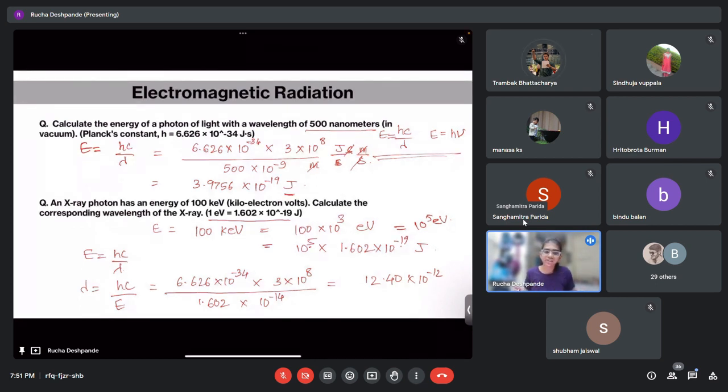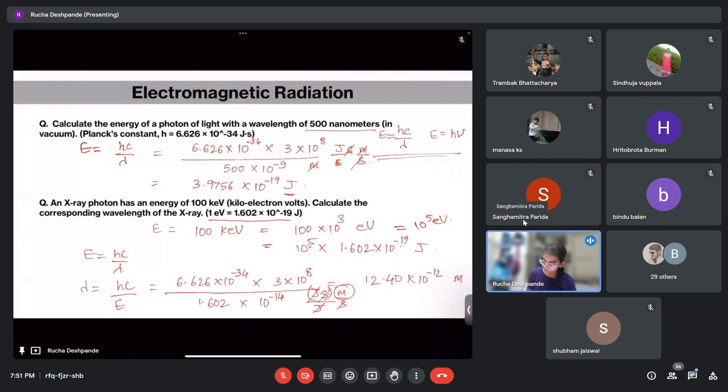Are you guys getting this? Yes, ma'am. 12.4 into 10 to the power minus meter. So this is per second. This is h, this is c divided by joules. So joules, joules, second, second.